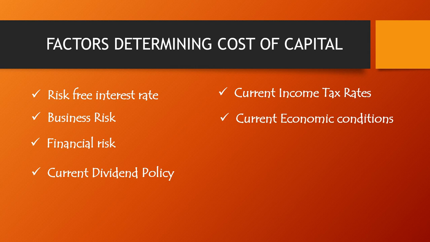Now the next factor is your current economic condition. Let's say if banks are growing, that means the condition of banks is good, they can easily give loans at a low rate of interest, because they need to increase the sales of their products. Over their products, they are selling the loan.